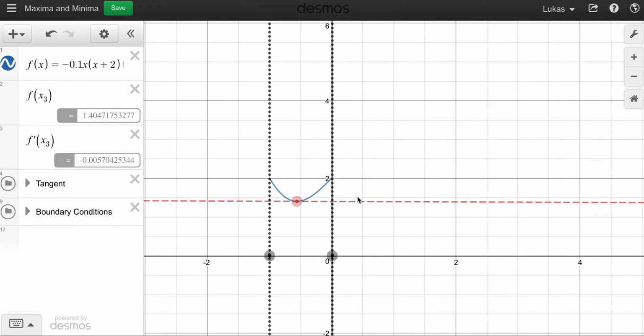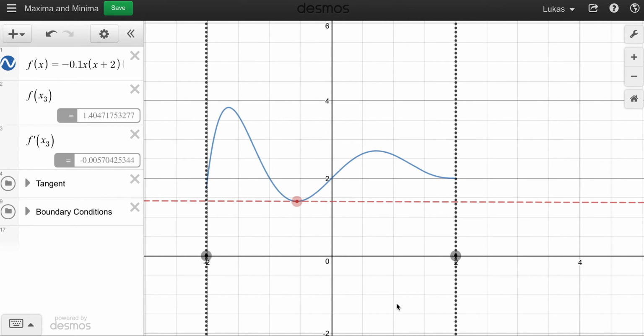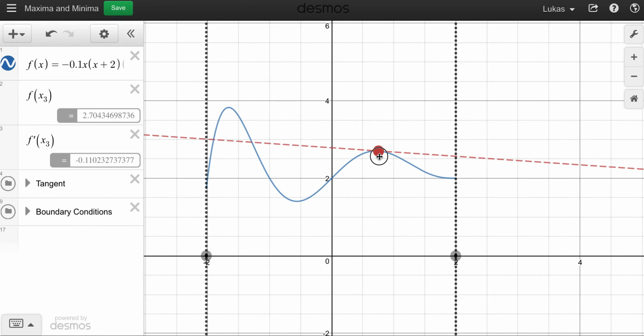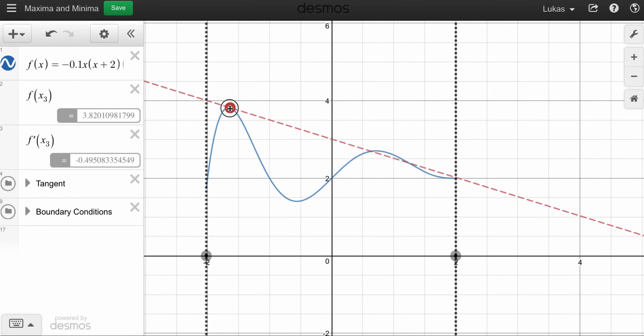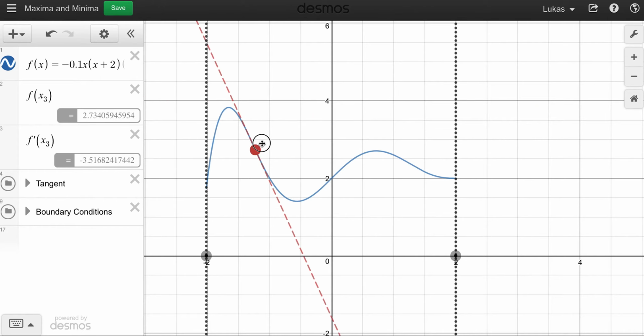Okay, let's do another one. Let's say we make this go from -2 to 2. What are the maximum and minimum values here now? We can see the slope is 0 here, the slope is 0 here, and we actually have the slope is 0 here as well, and all the way over here. So we're asked, what are the maximum and minimum values over this interval?